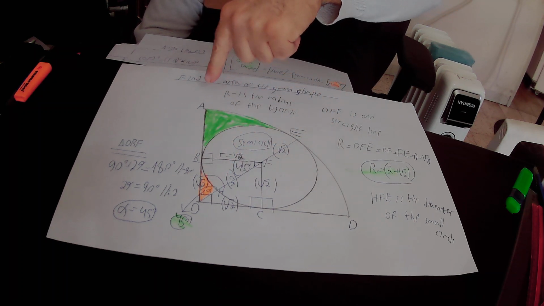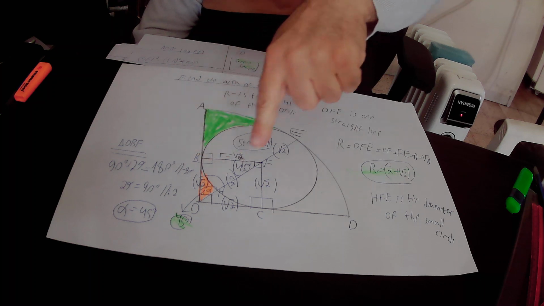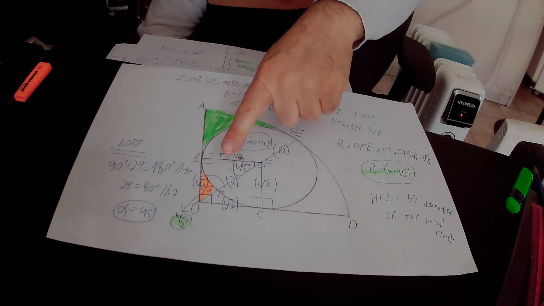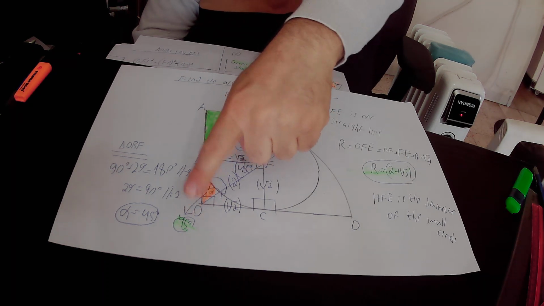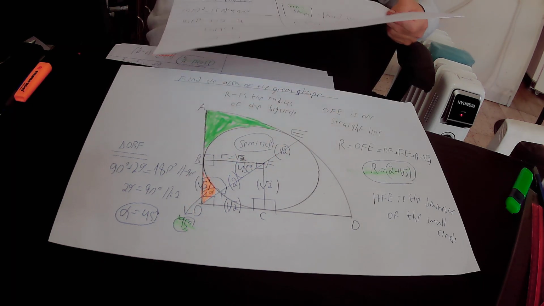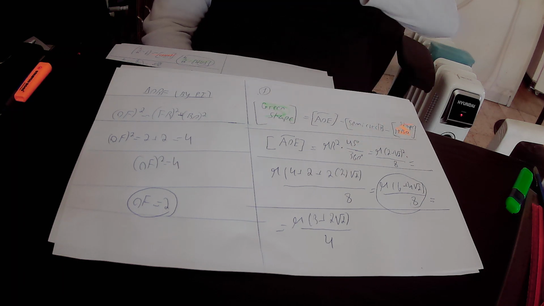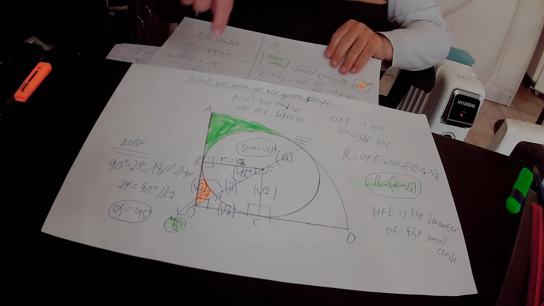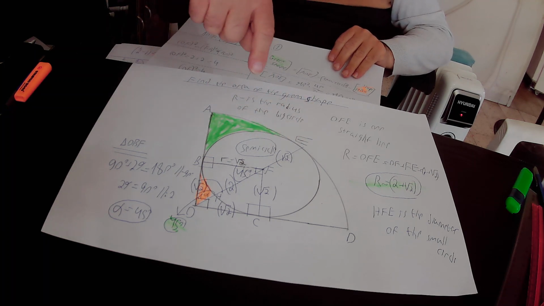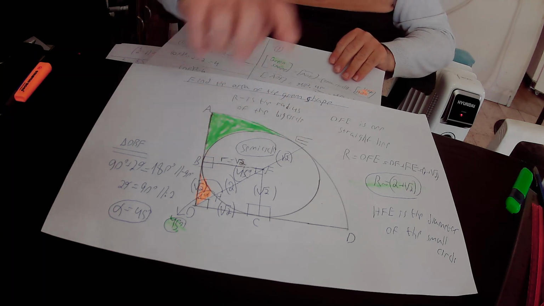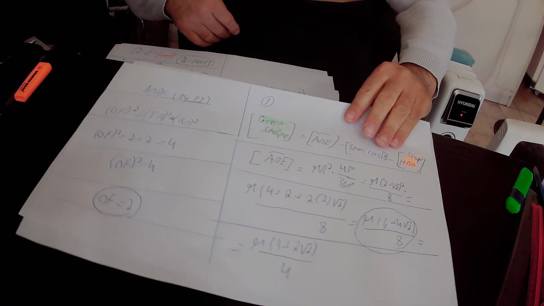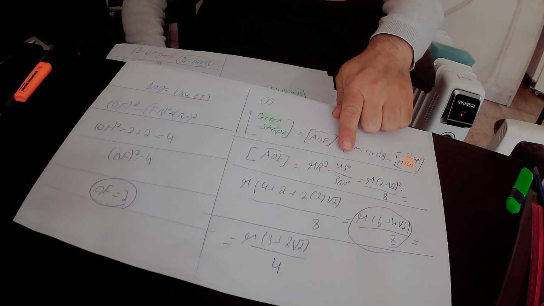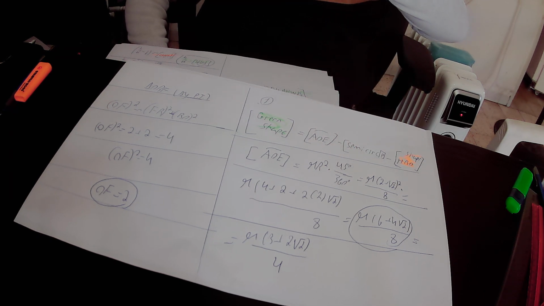The two legs of the big sector AOE are AO and EO, and the angle between them is equal to 45 degrees. So it is 45 degrees over 360 degrees. In total, the area of this big sector AOE equals pi times capital R squared times 45 degrees over 360 degrees.